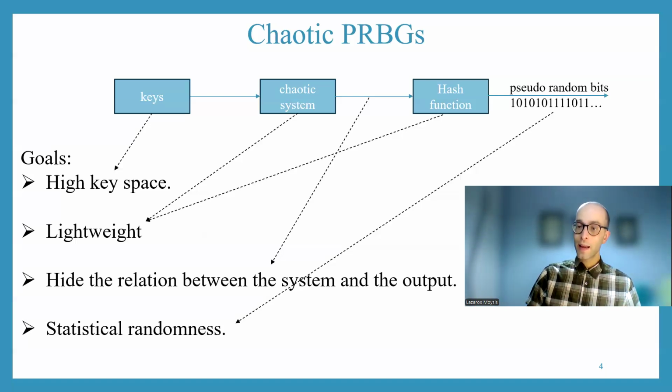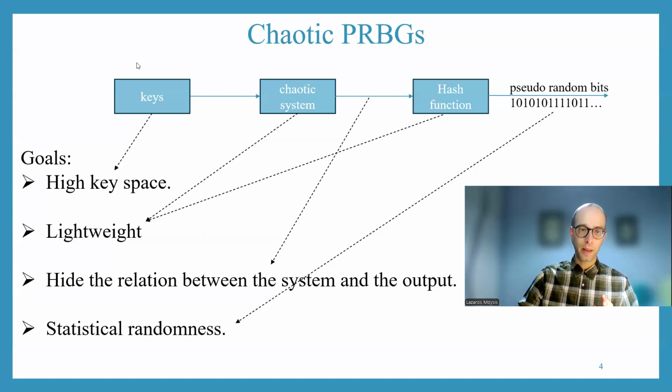When designing the chaotic PRBG, there are several aspects that must be satisfied in order to have a really good PRBG. You may find a lot of PRBGs in practice. Not all of them are equally good. Some are very good. In order to have a good and efficient PRBG, you need to have some specifications.